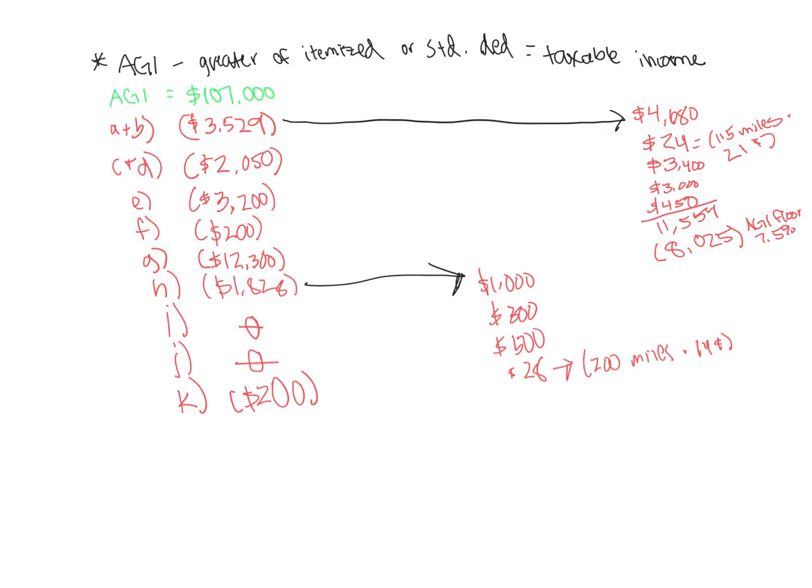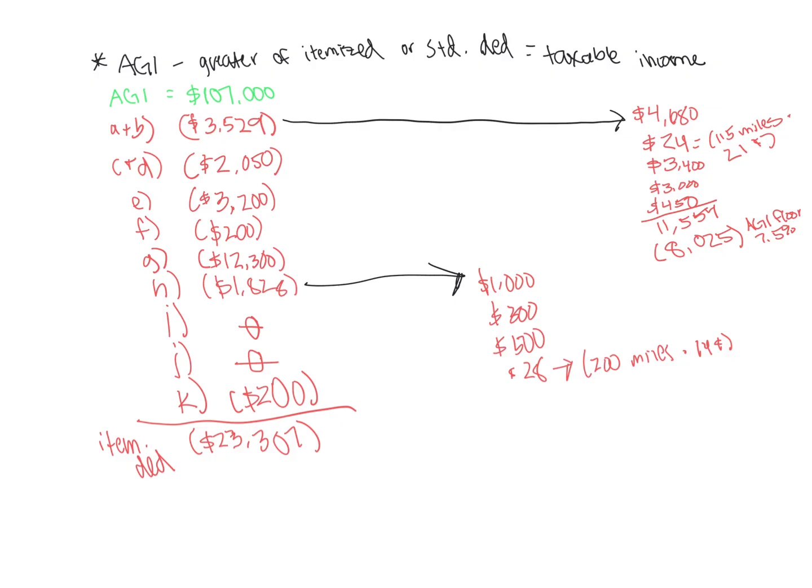If we add all of our itemized deductions together, so everything in red, all of those itemized deductions come out to be $23,307. So these are our itemized deductions.